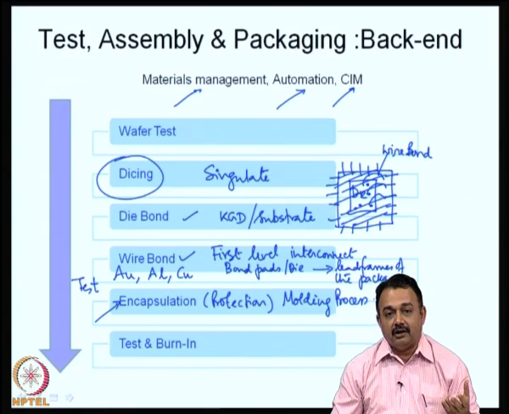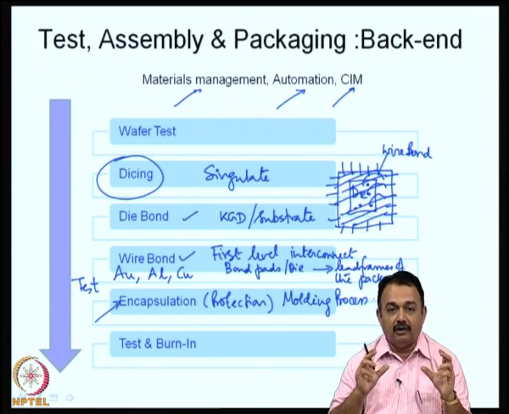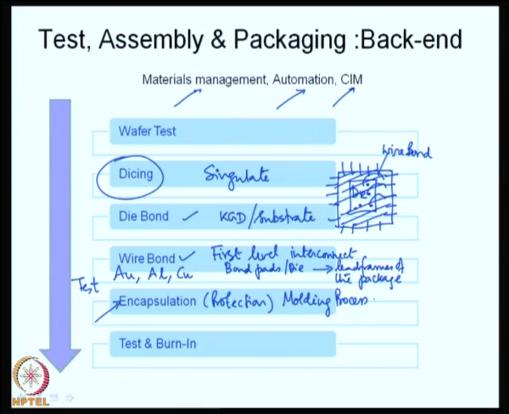The second level interconnections are basically your solder connections. So, I hope you get a clear understanding about what is a first level interconnect and what is a second level interconnect. I repeat, the first level interconnect is what you see here in this slide, where after the die is singulated, you do a wire bonding using gold or aluminum.